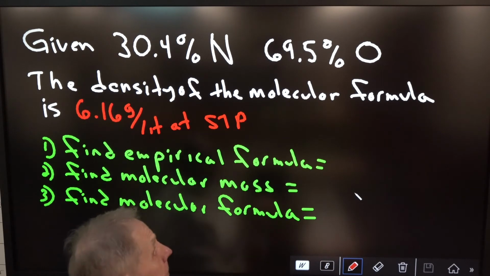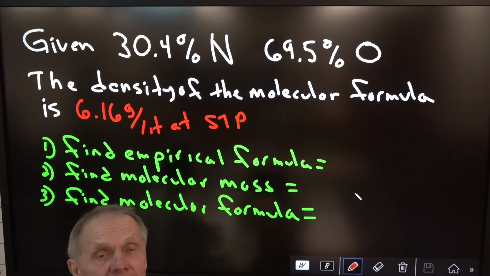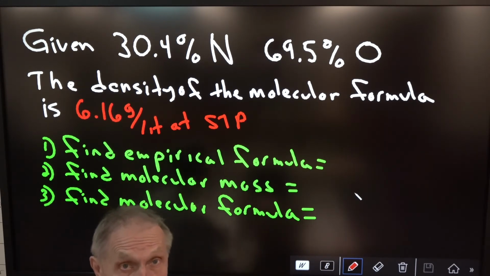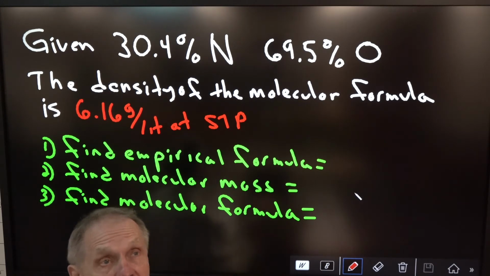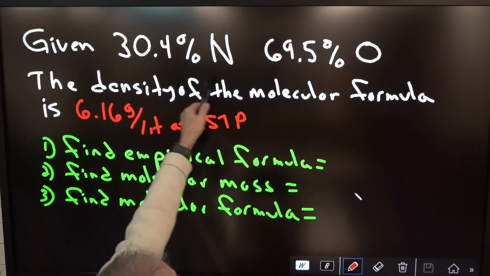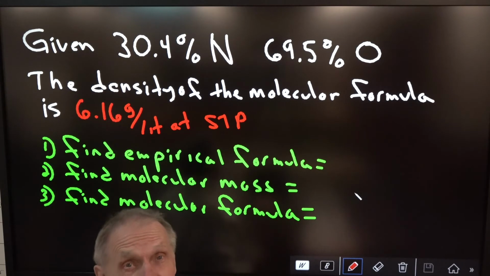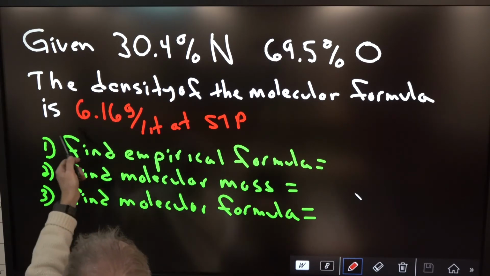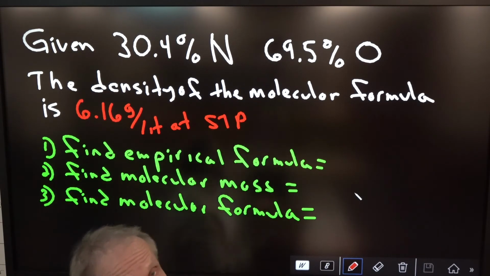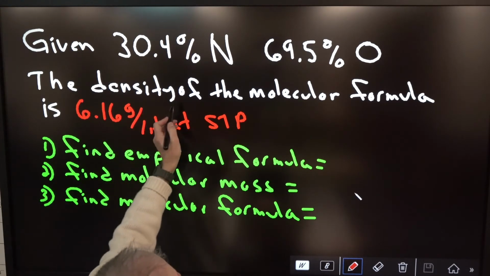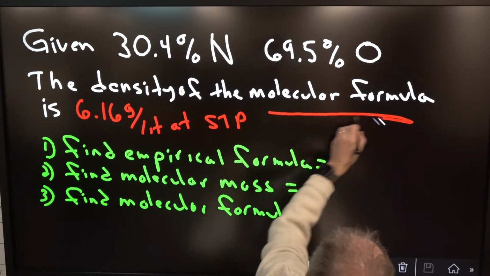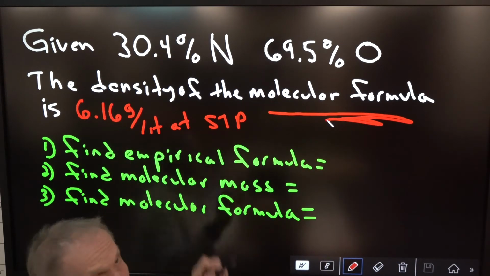Okay, so like I said, this is a 3-step problem. On the test, it's going to be worth 15 points. I give you the percents to find the empirical formula, which is number 1. The second thing I give you is the density of the molecular formula at STP.